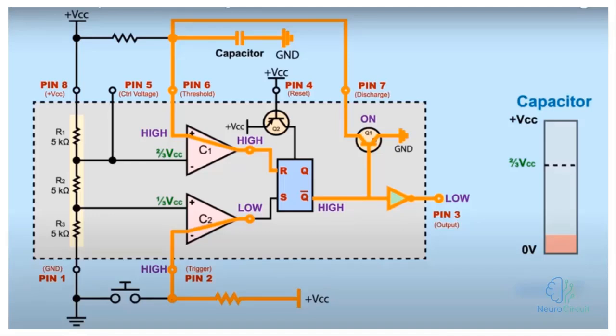When it turns on, it allows the capacitor to discharge again, because when this transistor is on, it's connected to pin 7 and wants to draw energy, so it takes this energy from the capacitor since its connection to VCC is now cut off. In the diagram on the right, you can also see the capacitor section, where the capacitor is discharged in this way, and this process keeps repeating.